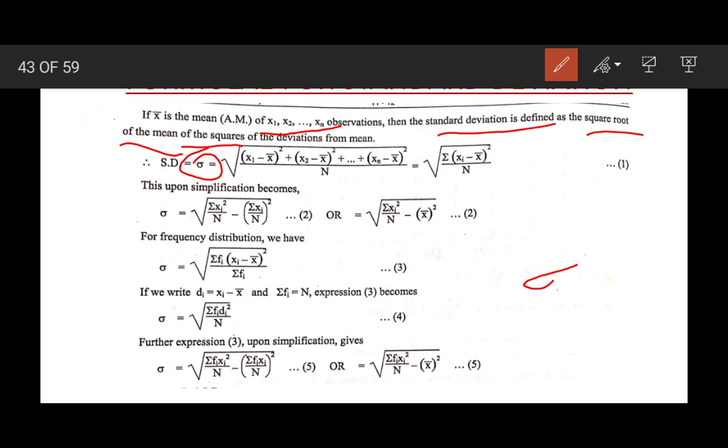So sigma is equal to root of x1 minus x bar square plus x2 minus x bar square plus so on, which is summation of x minus x bar whole square upon n. This is for ungrouped data.